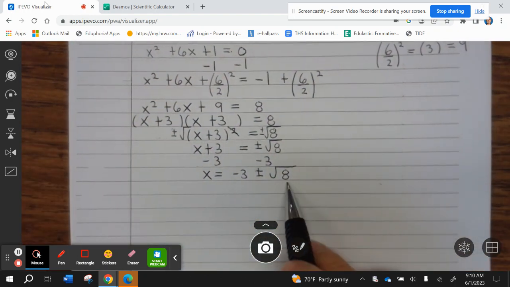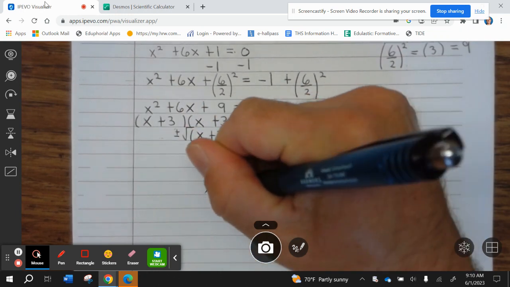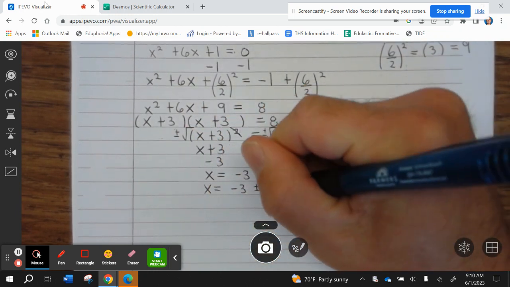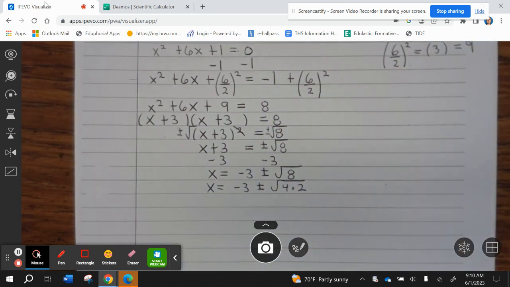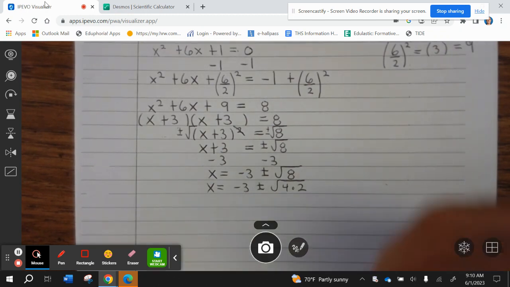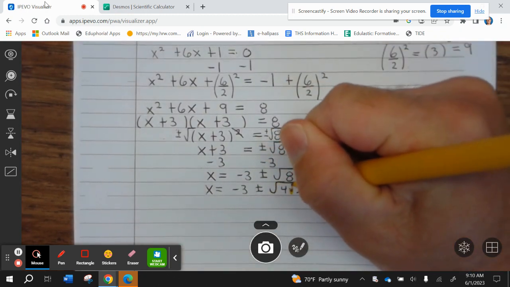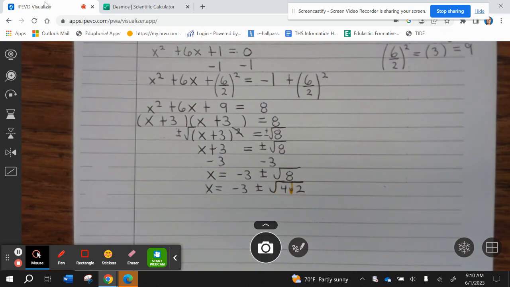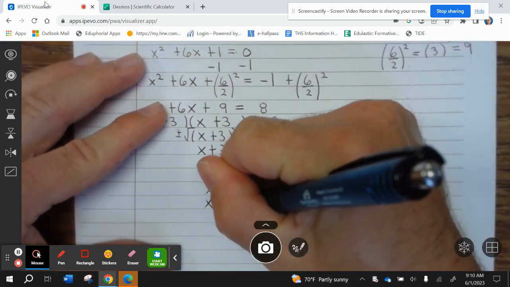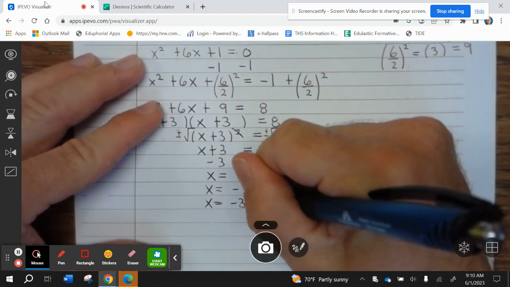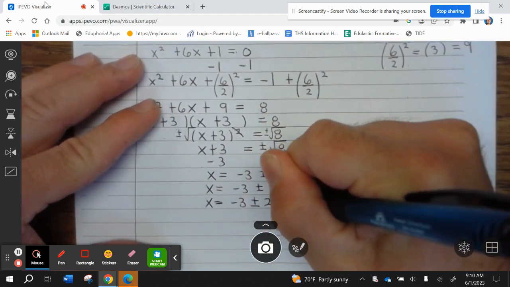Now we can reduce the square root of 8, and we can write that as x equals negative 3 plus or minus the square root of 4 times 2. And the reason we do that is because now we can take the square root of each separately. So square root of 4, square root of 2. So that x equals negative 3 plus or minus the square root of 4, which is 2, times the square root of 2.